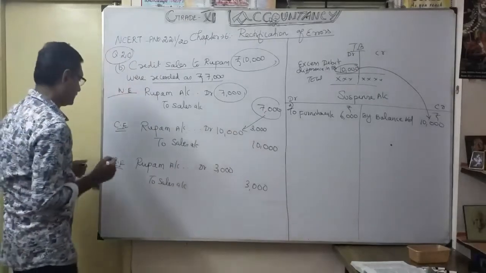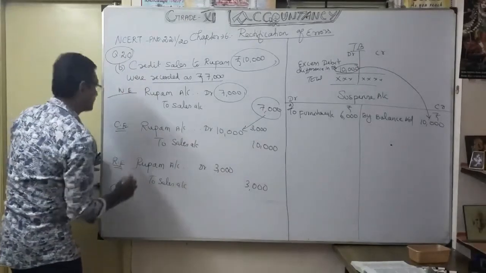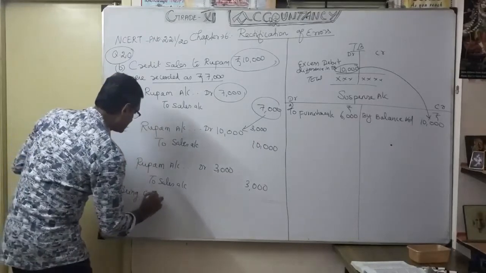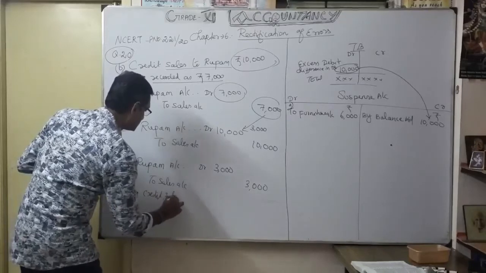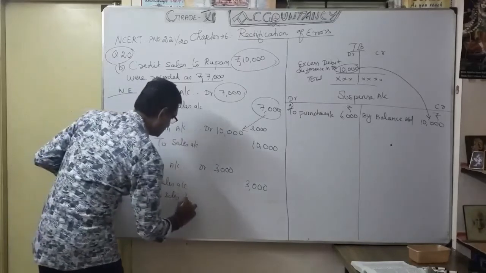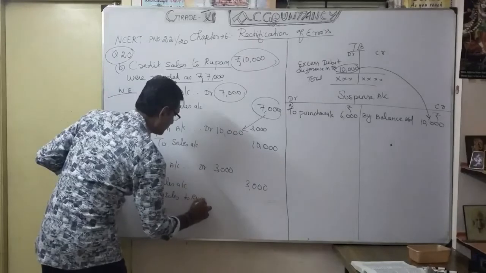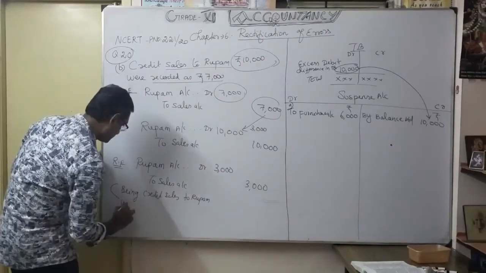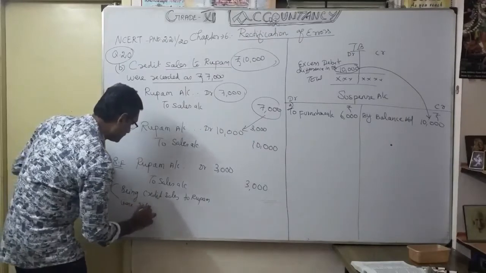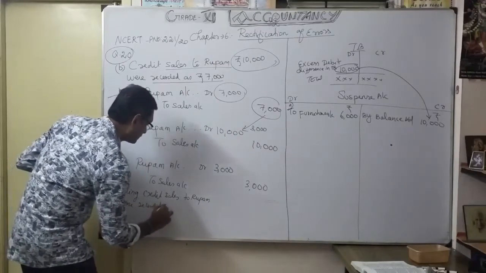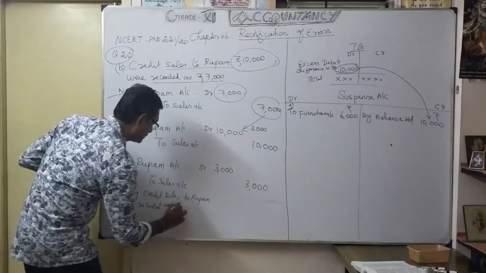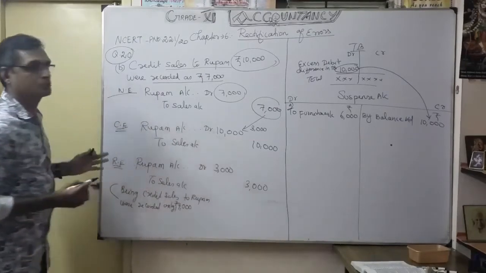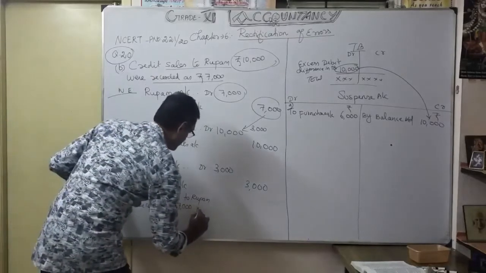So what is the narration? Simple: being credit sales to Reuben recorded only 7,000, now rectified.